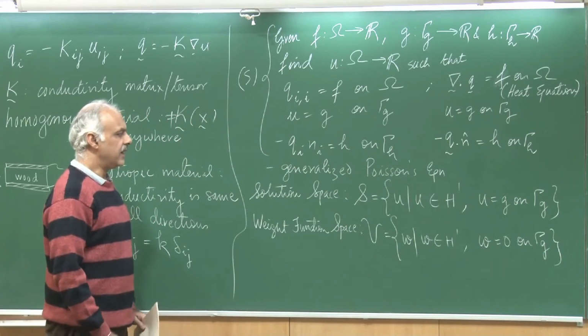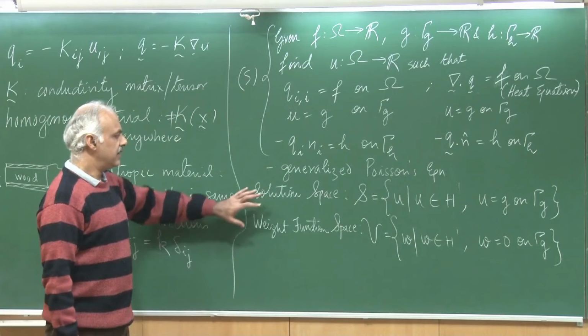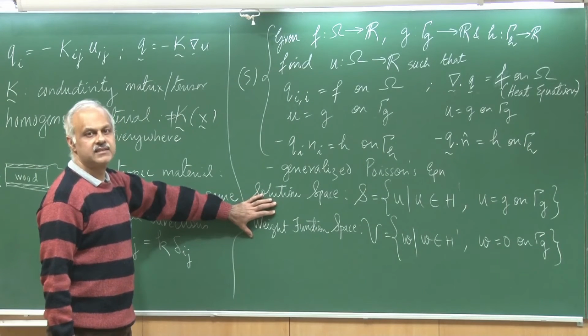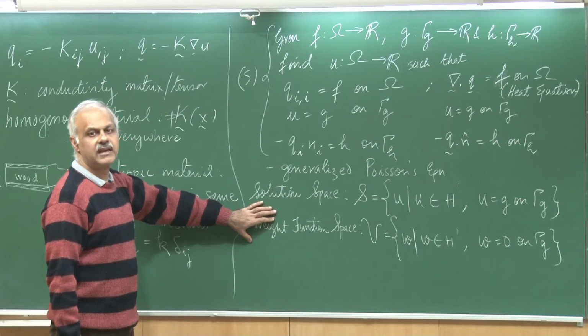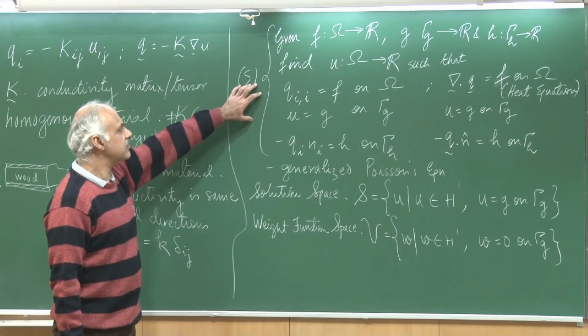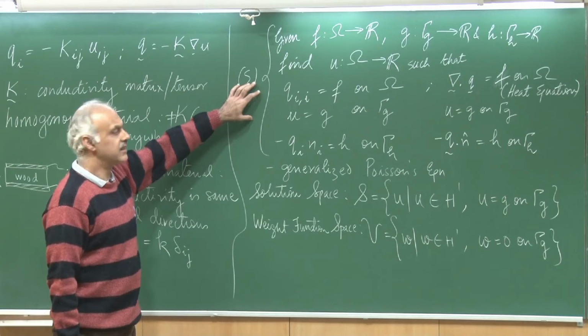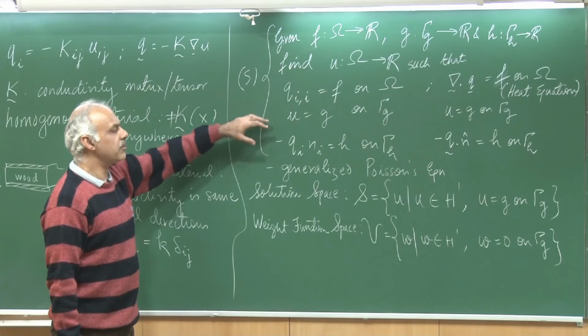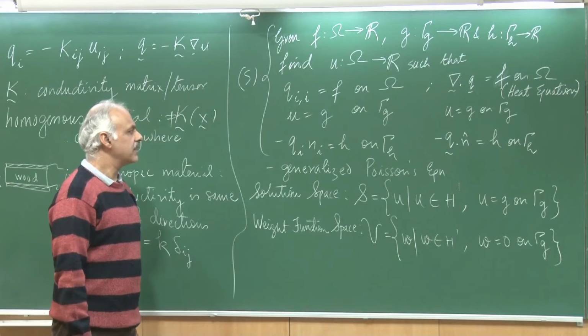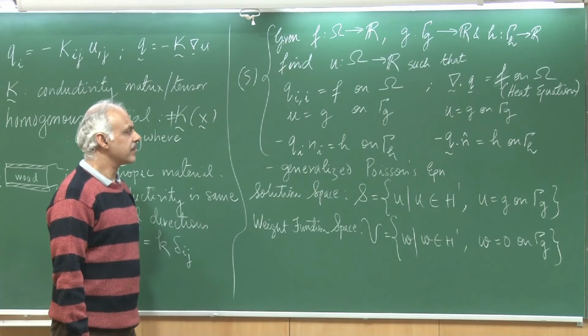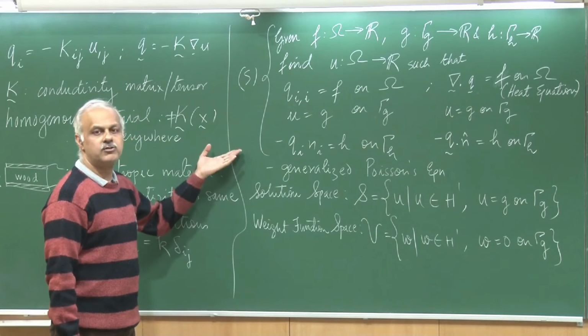Okay. Let me recall for you that these spaces are for a certain weak form that we have in mind. A weak form for a given strong form is not unique. Given a strong form, I can propose different kinds of weak forms, as we saw in the example of the one-dimensional equation. We tried integrating by parts once.